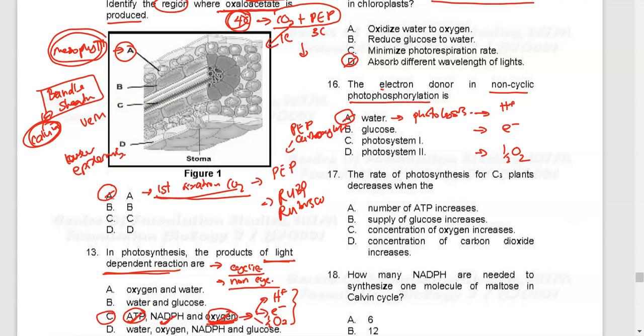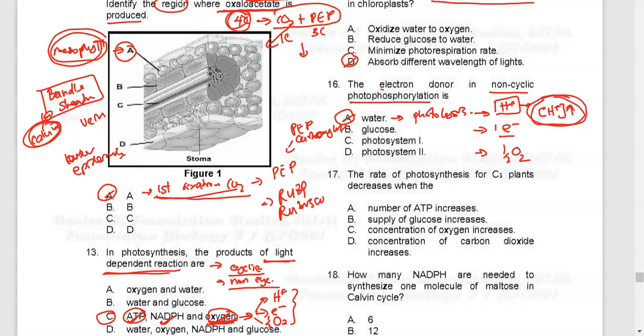The hydrogen ions will contribute to the high concentration of hydrogen ions in the thylakoid space. This is crucial for the process of chemiosmosis.